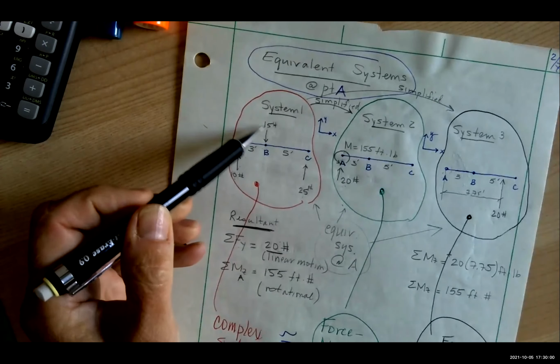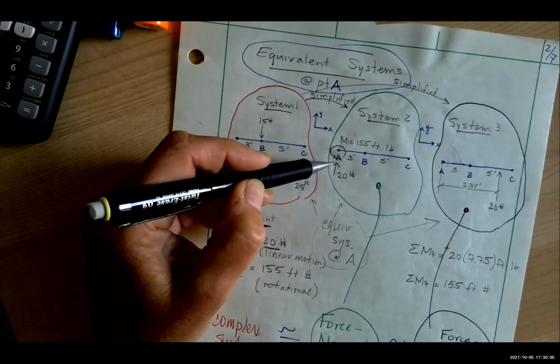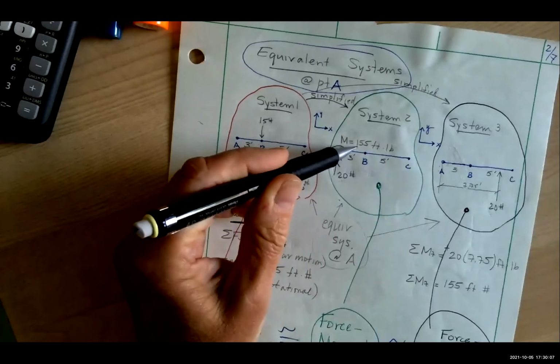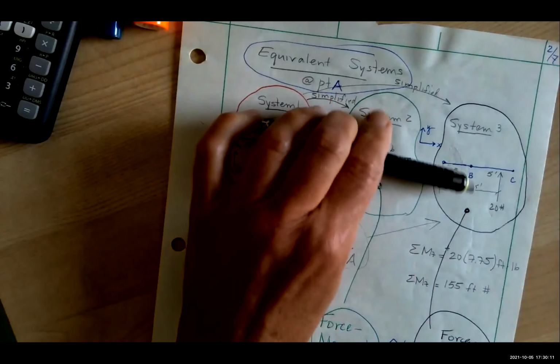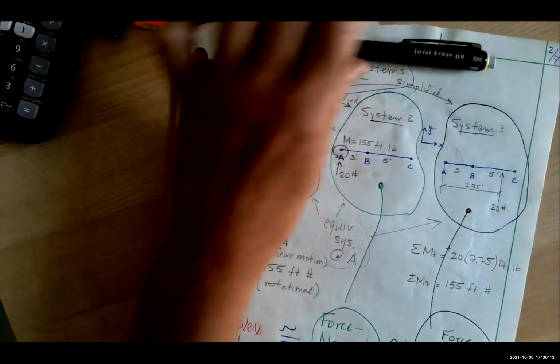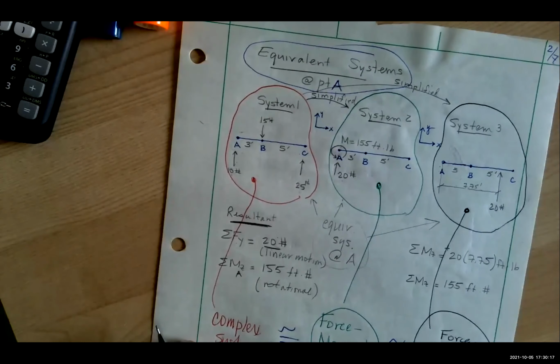If I instead remove these forces and put a 20-pound force going up and a 155 moment about A, it's the same net effect. It's pushing it 20 pounds up, and it's spinning at 155.